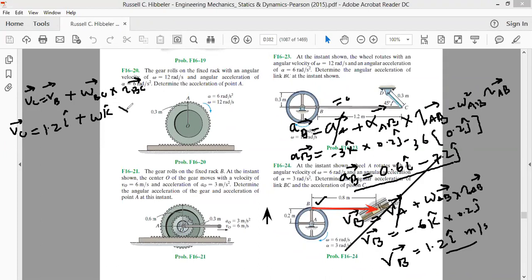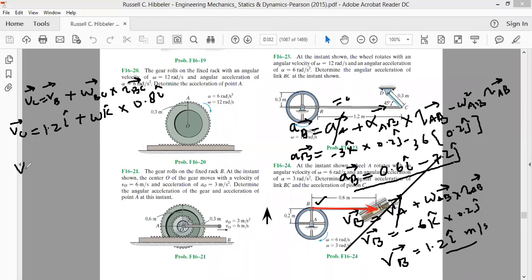Cross RBC, the radius vector from B to C, its magnitude is 0.8 and it's along the x-axis, so it will be 0.8 i cap.